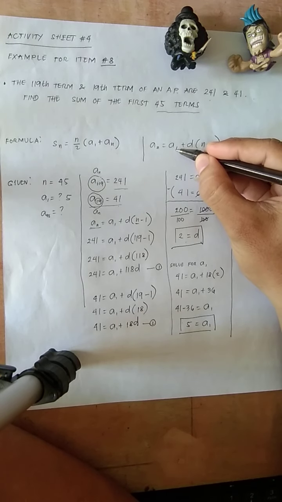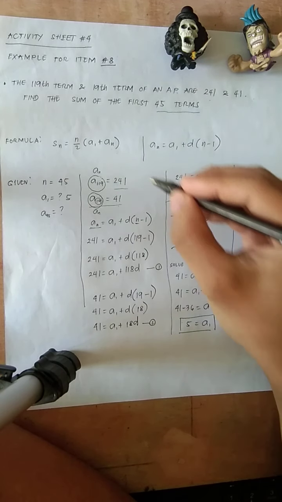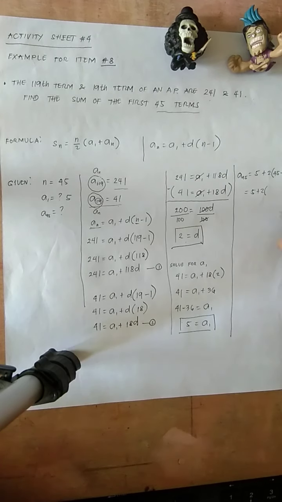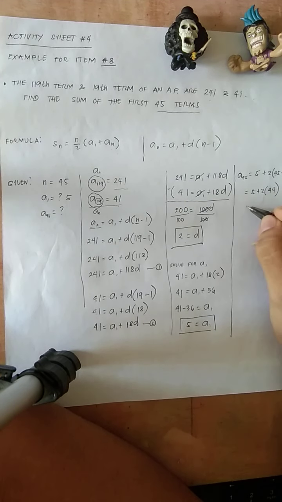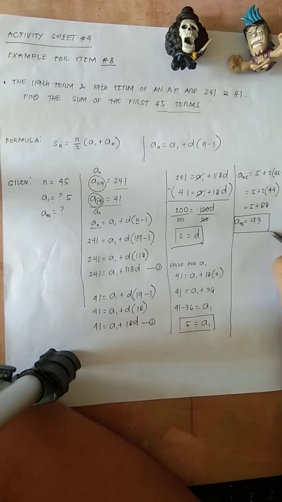If we know that a sub 1 is 5 and the common difference is 2, and the number of terms is of course 45 minus 1. Simplify. You have 5 plus 2 times, what is 45 minus 1? That's 44. Then 44 times 2, that is 88. So we have 5 plus 88. Now what is 5 plus 88? That is 93. So therefore the 45th term is 93.